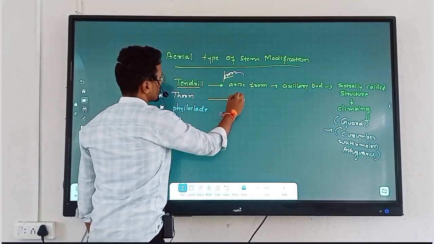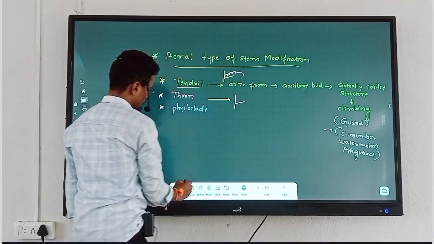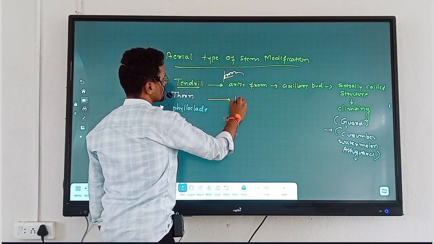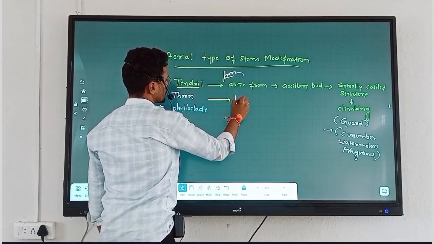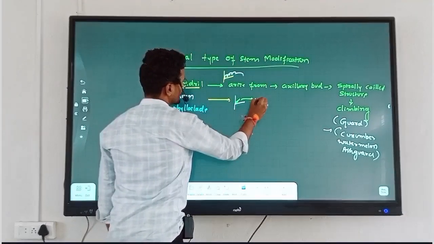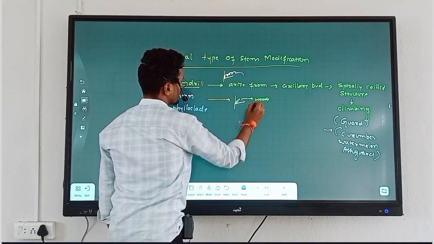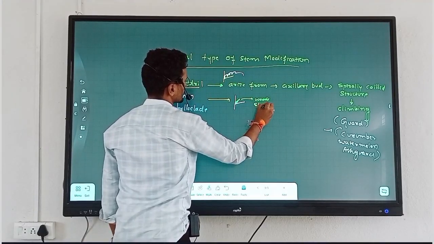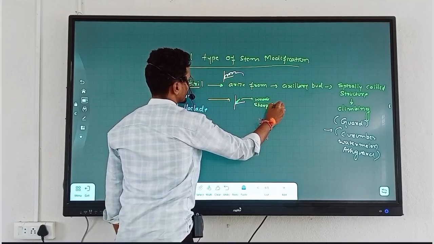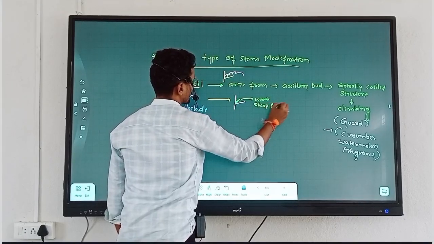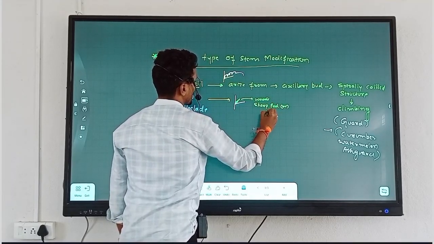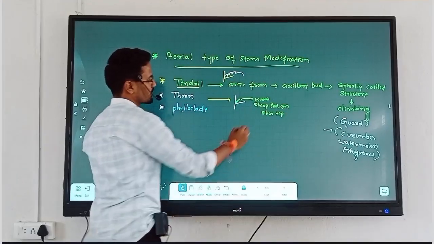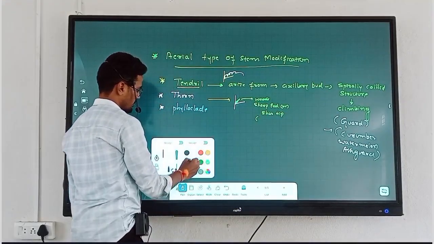Here the axillary bud, which would actually form a branch, is converted into a thorn. One thorn would be sharp, with a sharp tip. That one is called a thorn.